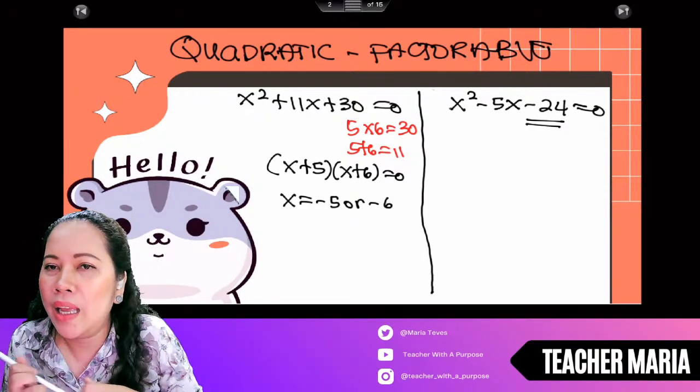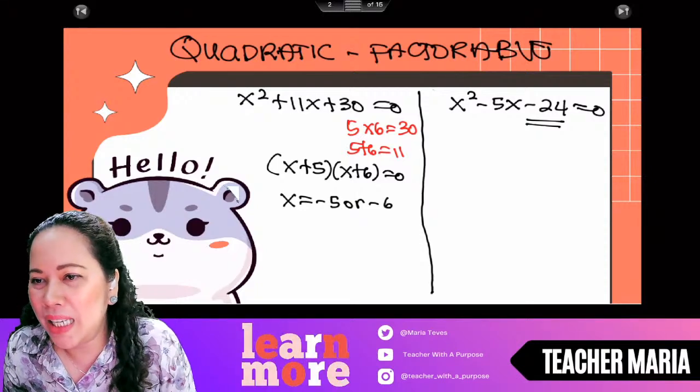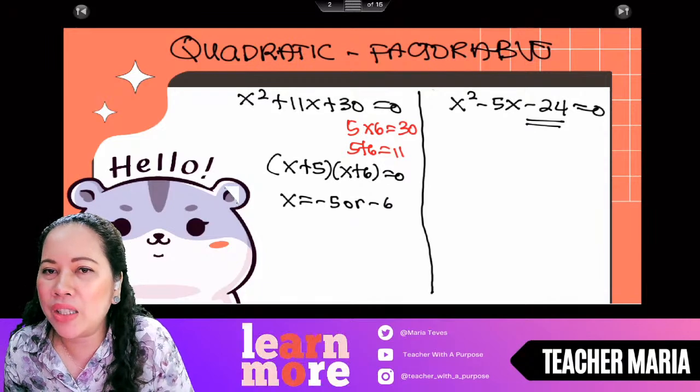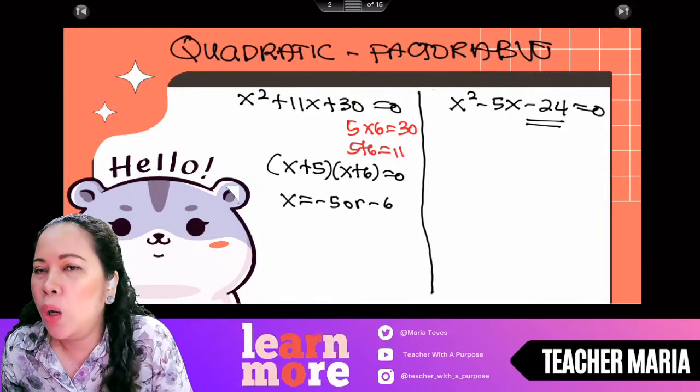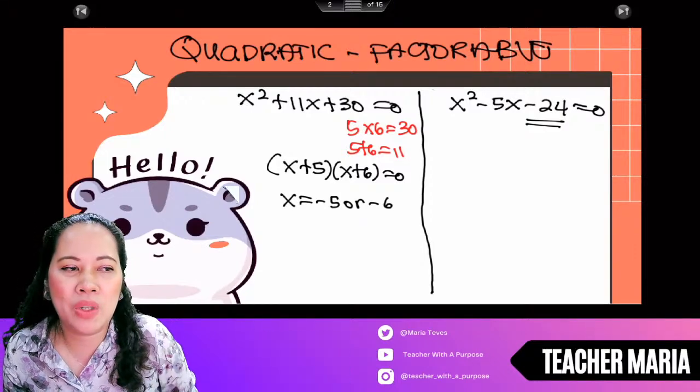Yes. Anyone who has an answer? What are the factors of negative 24? When you add them, it will give you negative 5, which is the middle term.